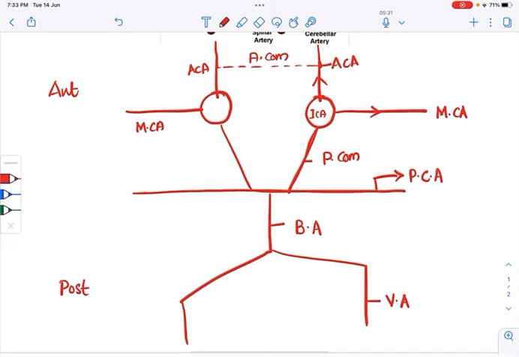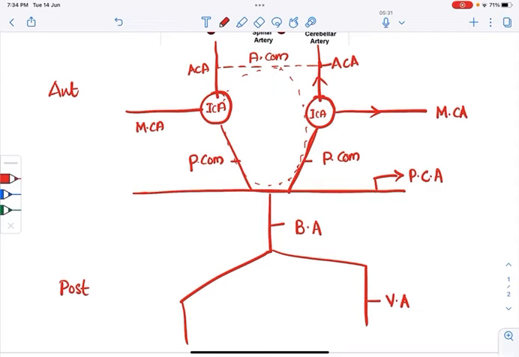This also connects the two ICAs. So in this picture, we can see almost 5 arteries making the head portion of this Ant-Man or Groot, which is a simple way to remember.